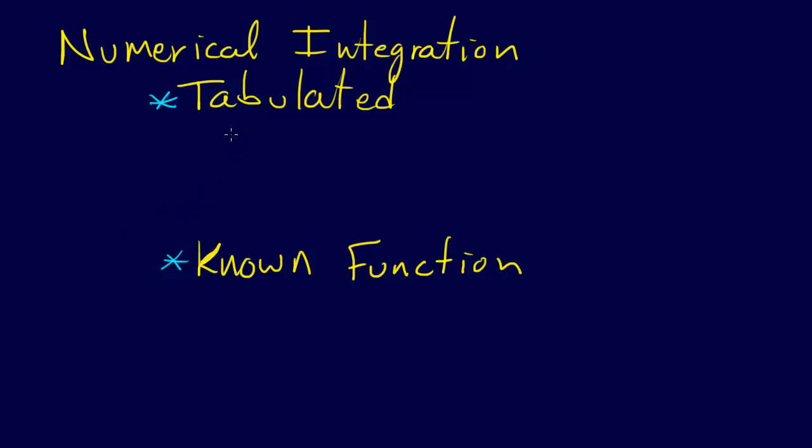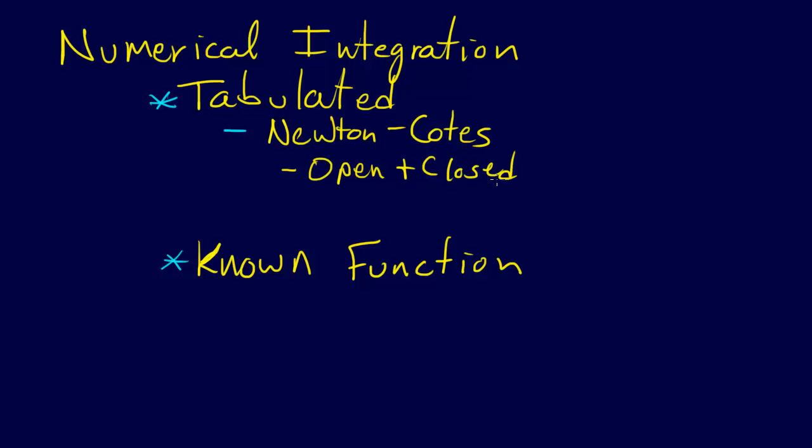we go on. But just again, in the way of an overview, we're going to look at what's called Newton-Cotes formulas, and that's going to constitute the majority of this lecture series 6.1. In particular, we'll look at Newton-Cotes integration formulas for open and closed situations.